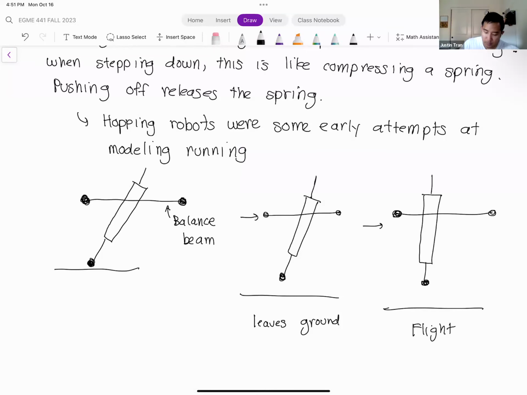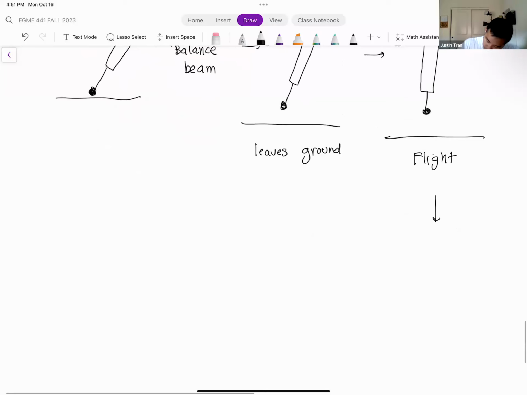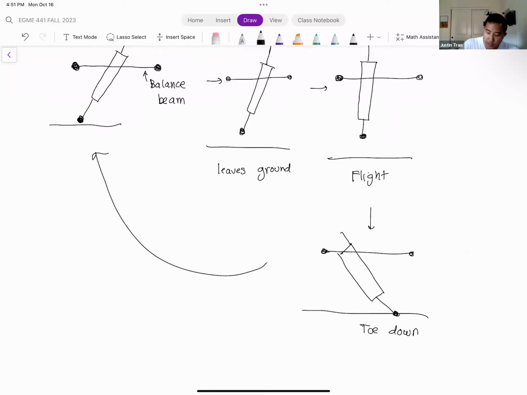Then as it comes down, it starts to put its leg forward during swing, and it makes contact with the ground again. The cycle then just repeats from there.